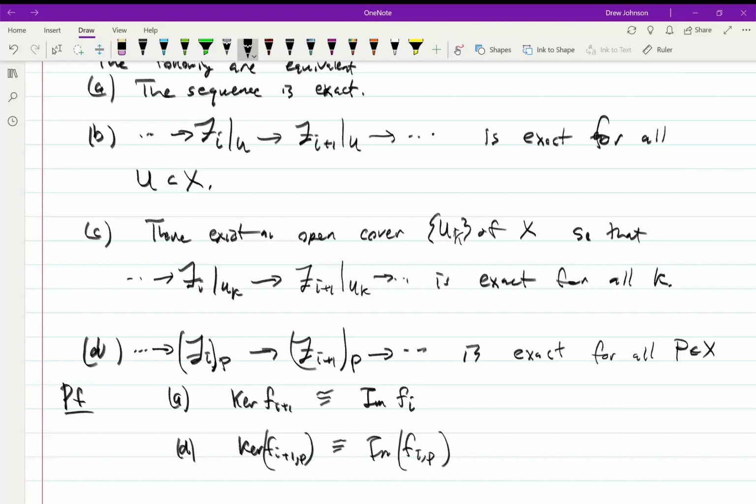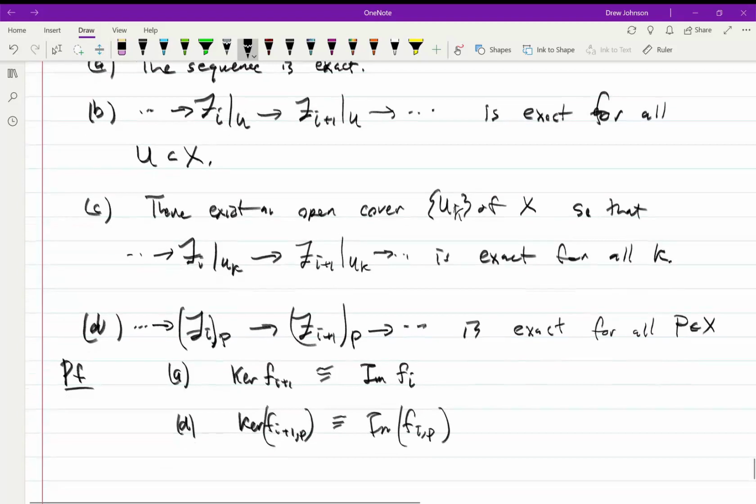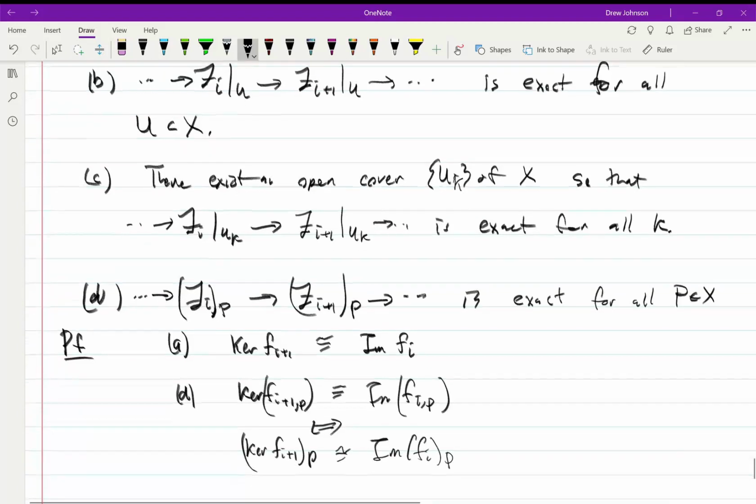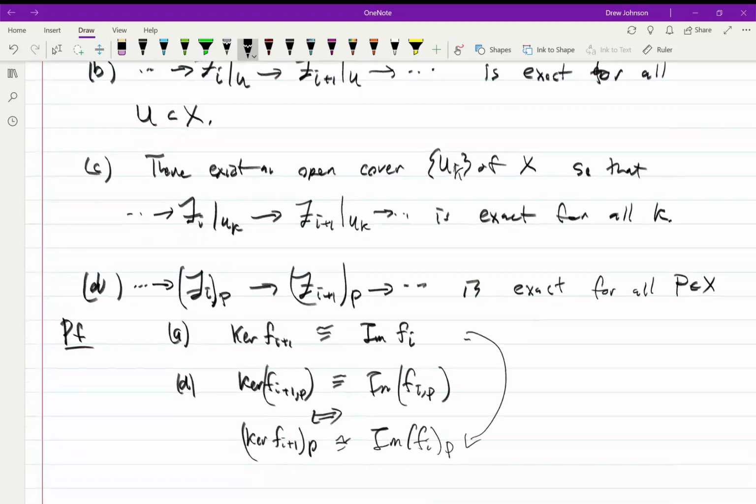But then by the exercise that I just talked about a minute ago, this is the same as the kernel of F_{i+1} at P being isomorphic to the image of F_i at P. To see these two are equivalent, there's an exercise that we talked about last time: sheaf isomorphisms are local. If it's an isomorphism on every stalk, then in fact it's an isomorphism.